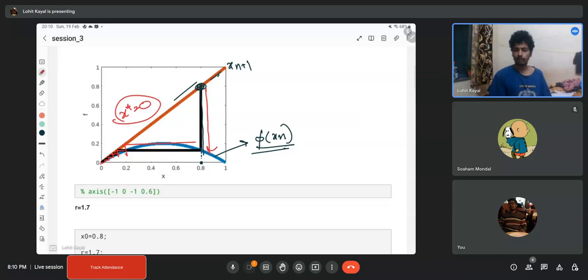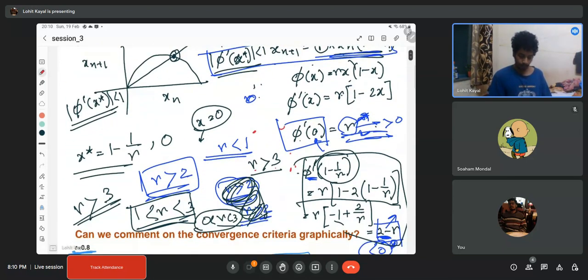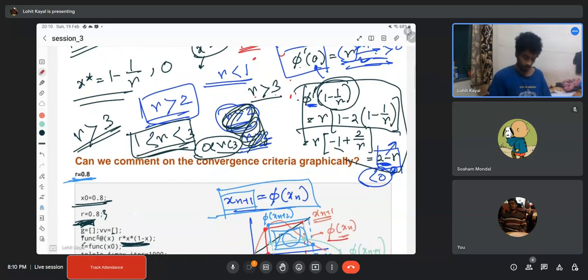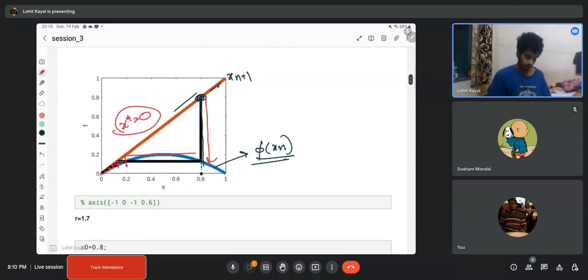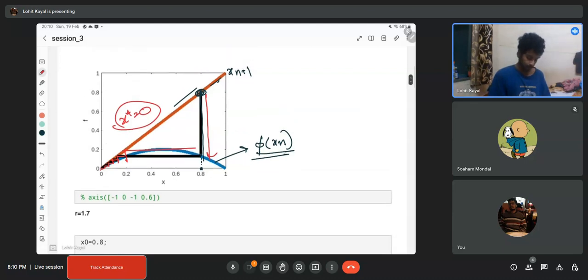This agrees exactly with theory, because when r is less than 0, the solution converges to this point, because phi prime of 0 is equal to r, and this is 0.8, and the solution is greater than 0.8, greater than 1. So obviously this solution will converge to this point. This way you can very easily find the convergence criteria based on this kind of plotting. This is known as the Cobweb plot.